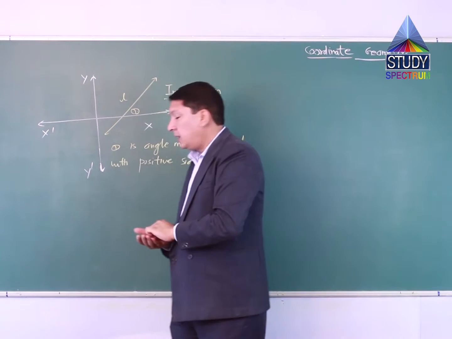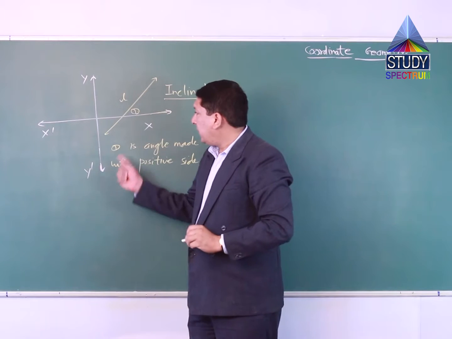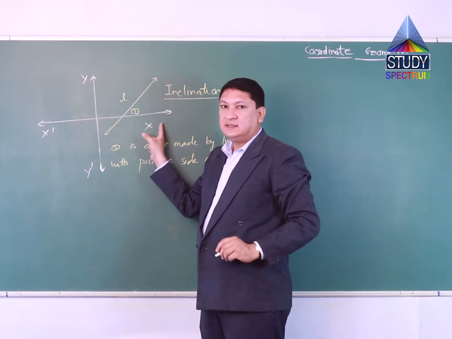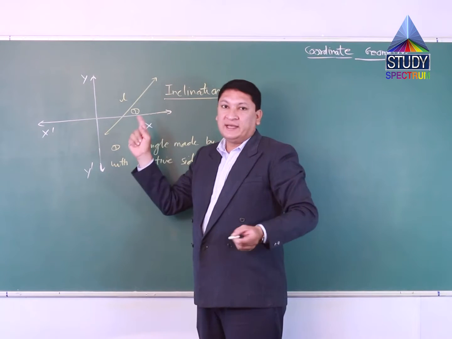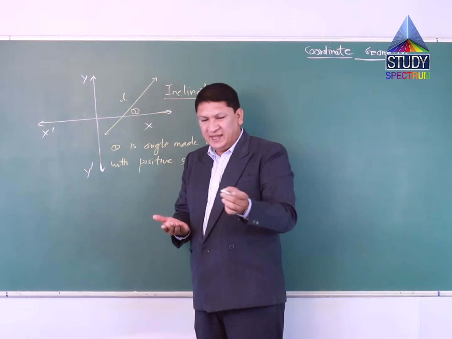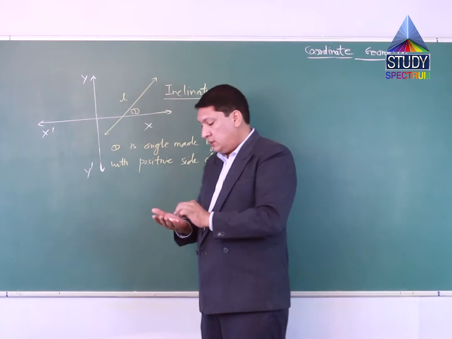That is theta. Now from here we can make out the x-axis makes no angle with the inclination, so the x-axis has theta as 0.